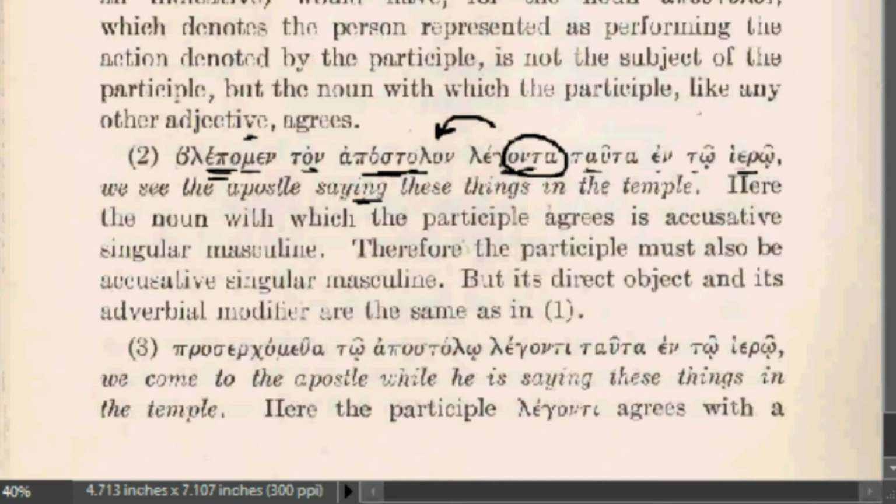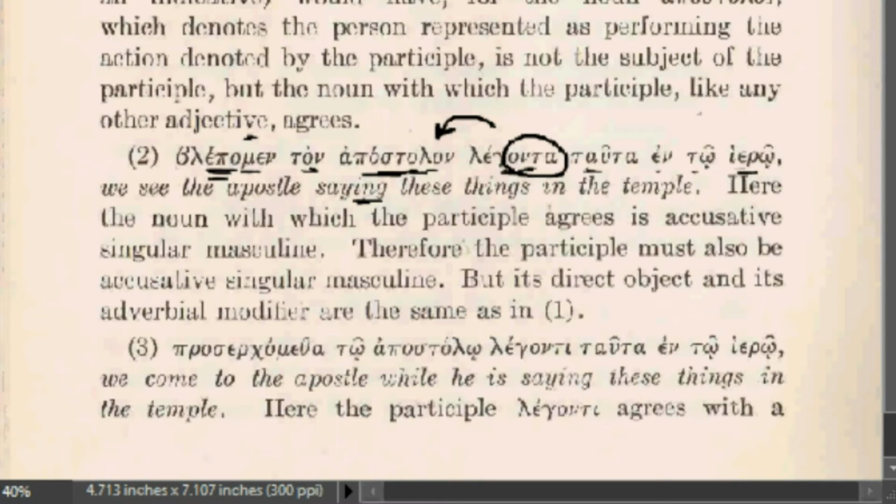The only way you know whether the participle applies to the we, which is part of this word, or the apostle, which is over here, is by the ending. The ending in this case is accusative, and the accusative tells me it's going to go with the direct object. So again, as you're translating, just be sure to make that very clear, and that's going to be the most important thing to keep in mind as you go along.